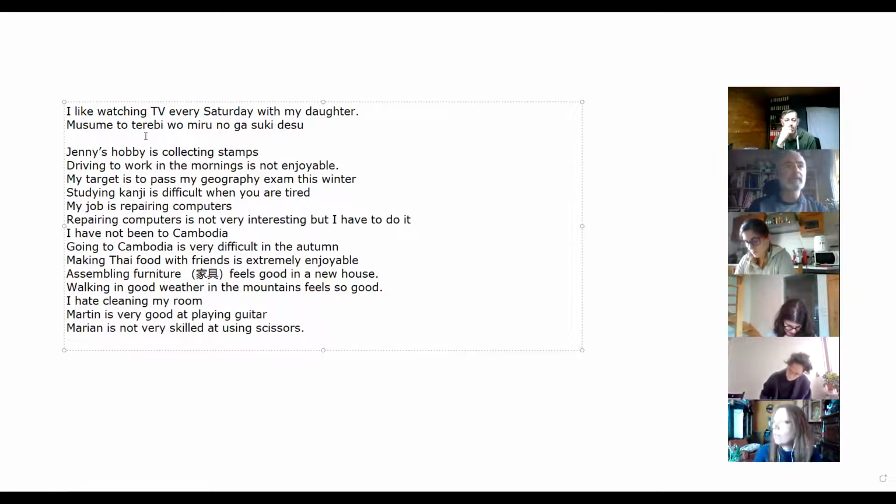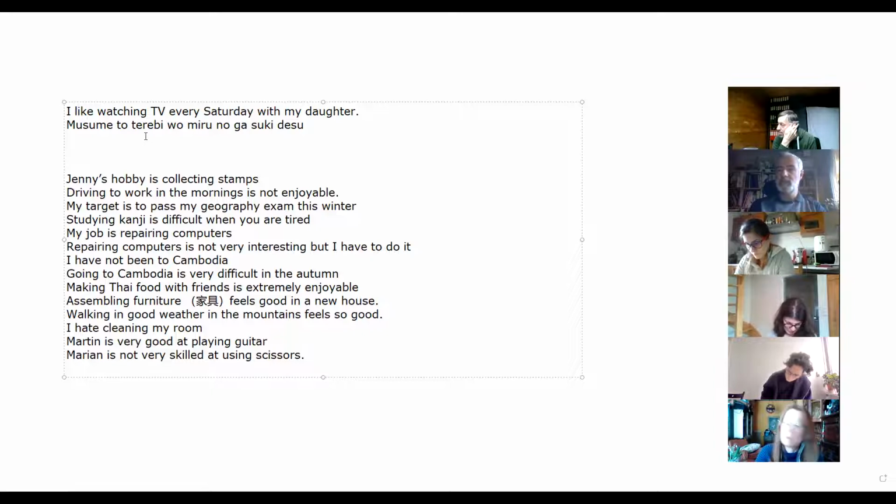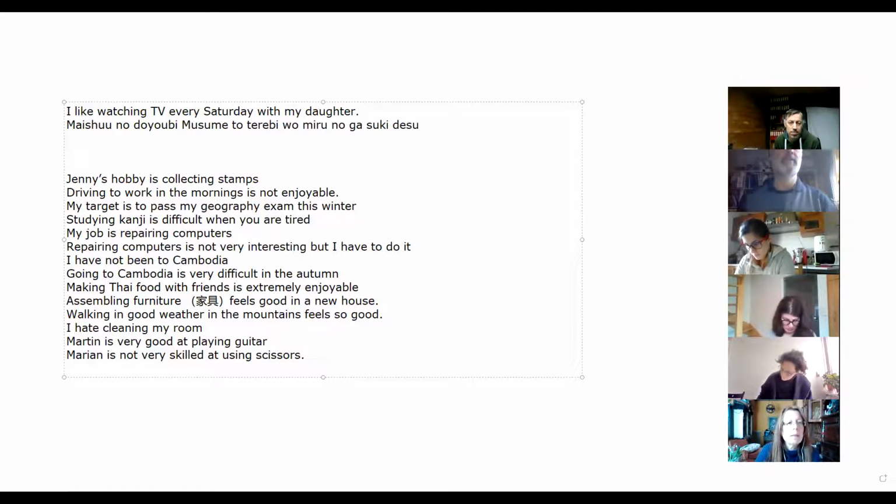Every Saturday. Saturday is not Kayobi. It is Doyobi, but what's every Saturday? Maishu. Not Doyobi. Good. Maishu no Doyobi, musume to terebi o miru no ga suki desu.